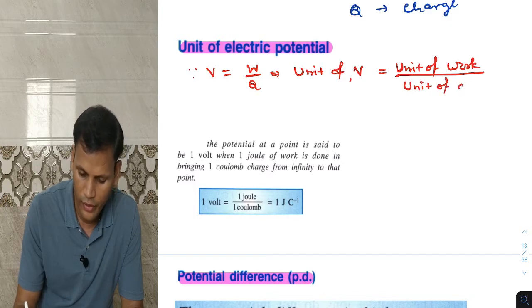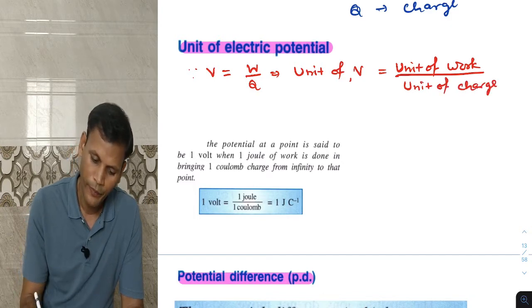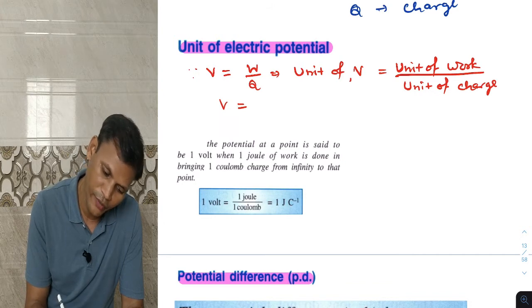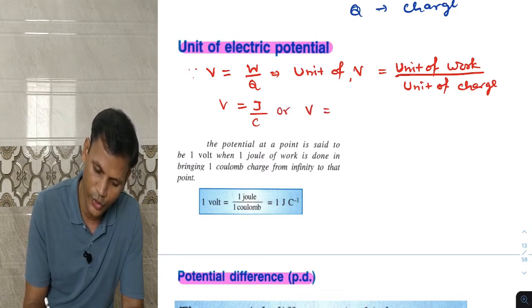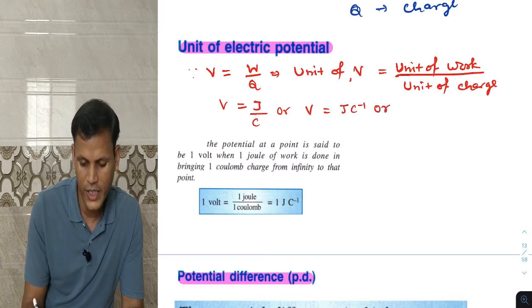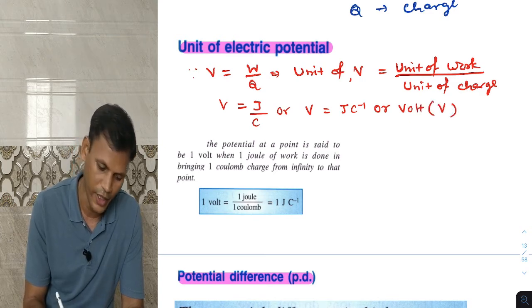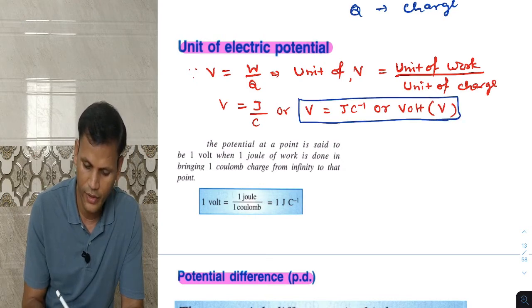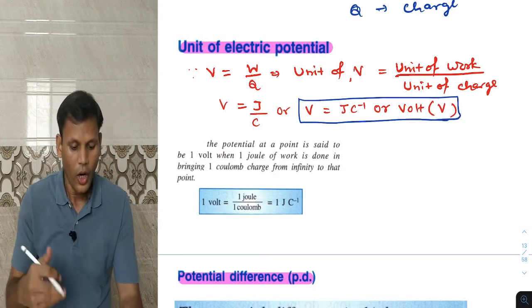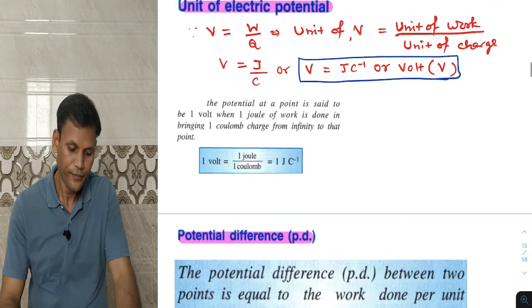We know the unit of work is joule and the unit of charge is coulomb. So the unit of V will be joule per coulomb, which is called volt. It is represented by capital V. It is the unit of potential difference or electric potential.